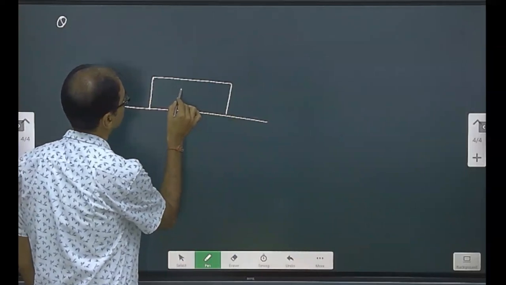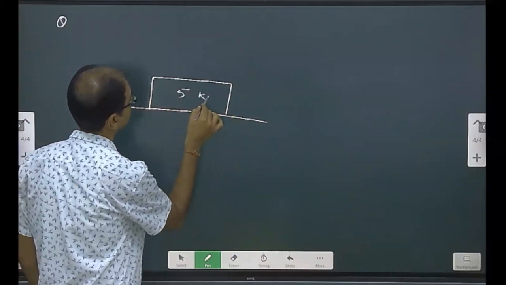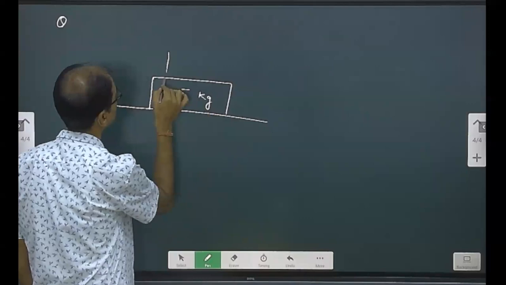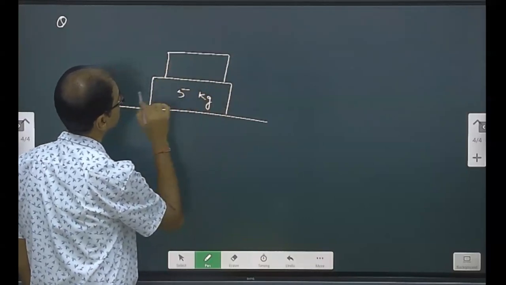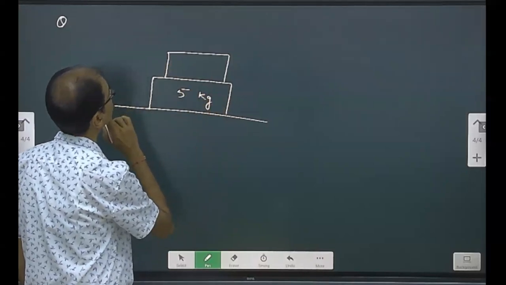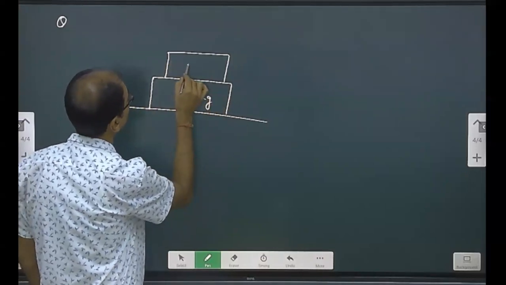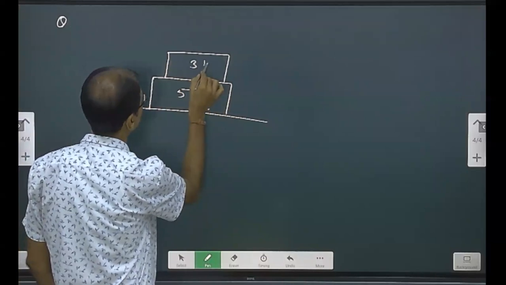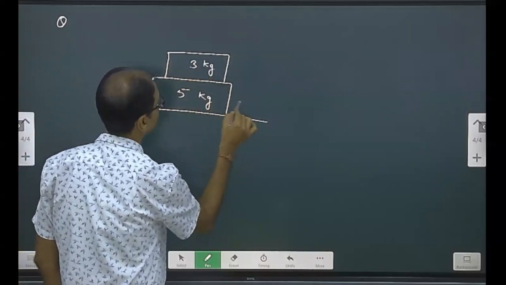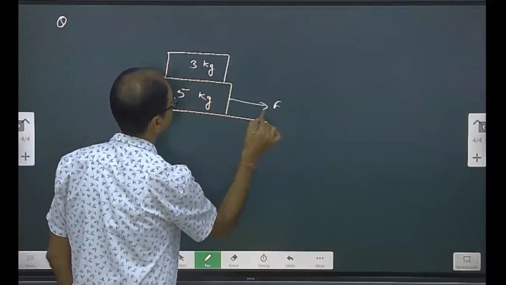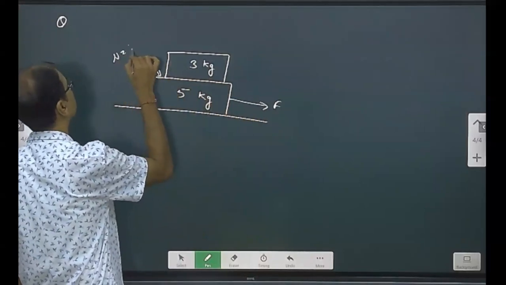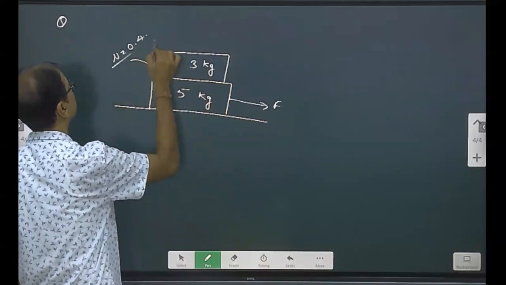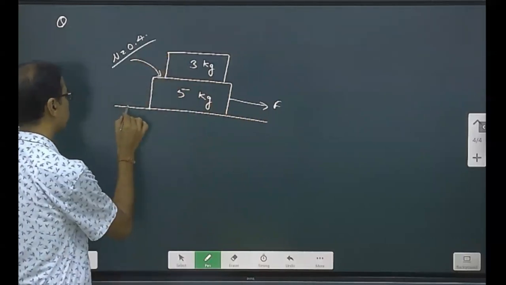Okay, it's 5 kg. And this is how much we can keep? 3 kg only. Okay. This is force F. And here, coefficient of friction, let's say 0.4. And this is smooth only.